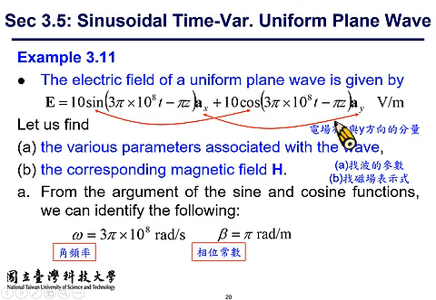And you can recognize the variable within the field distribution is in the form of omega t minus beta z.